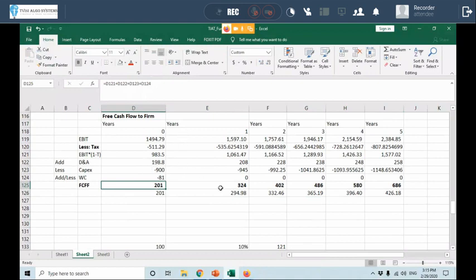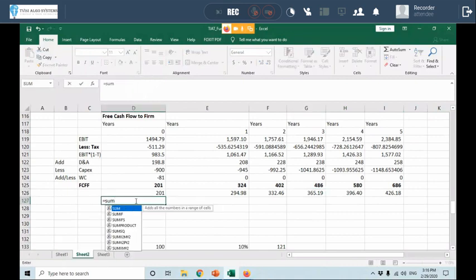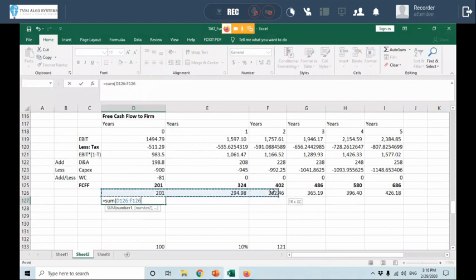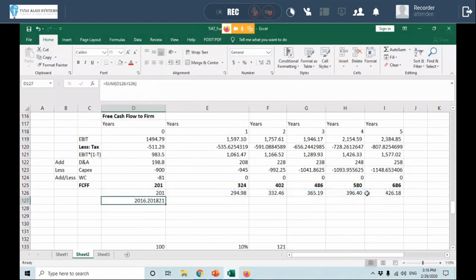After 1 year you will be earning this much, but the present value of that amount is this. Similarly for the other years. So now you do the addition of all. For 5 years your business has the potential to earn this.